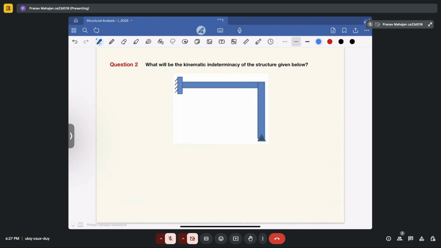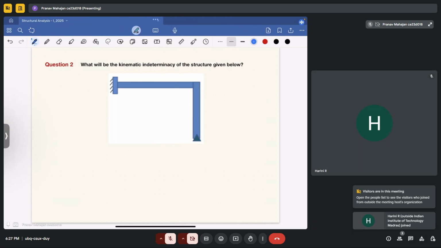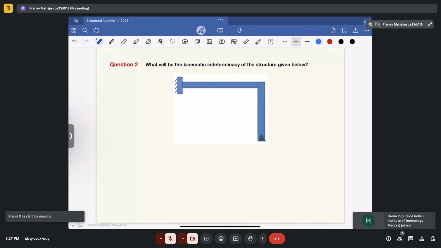Now if I talk about a roller, in a roller there is only one reaction, that is vertical support. That means the roller can move in the horizontal direction and can also have rotation in that particular beam member. So in case of a roller you will have two kinematic indeterminacy.